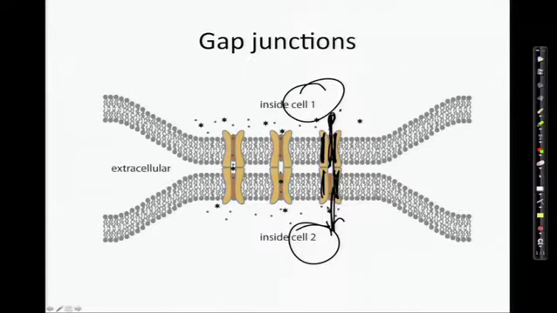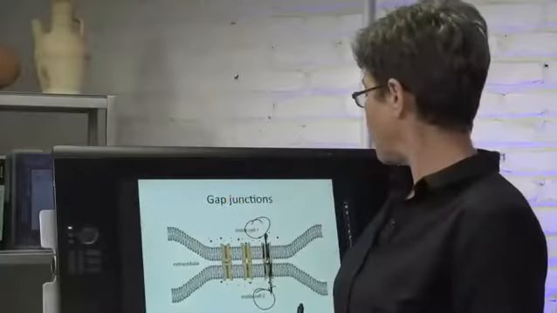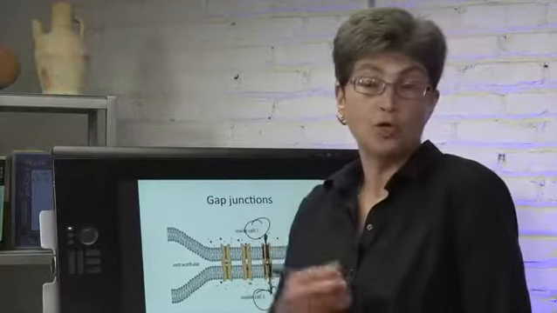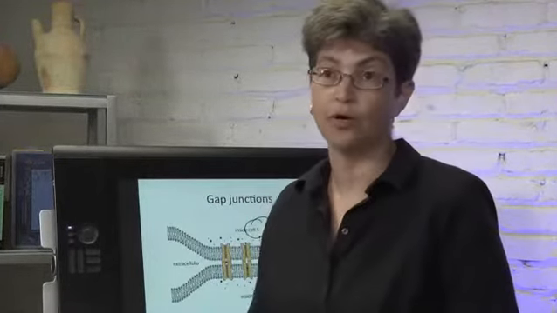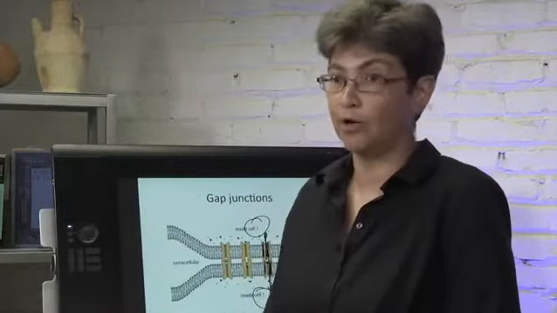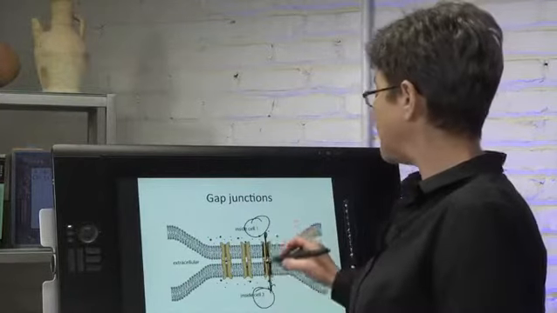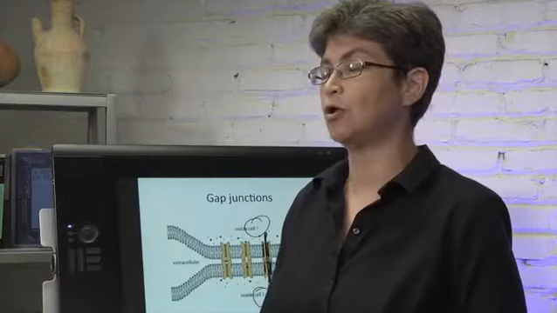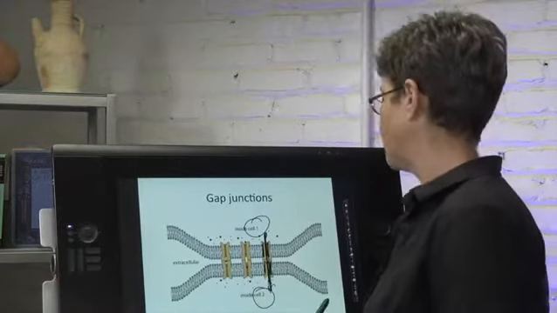Well, ions can go through there, but in addition, depending on how big this pore is, and that is different for different gap junctions, nutrients could go, ATP could go through there. A variety, nucleic acid, messenger RNAs could go through there. So things can go through here that are not transported in other ways.